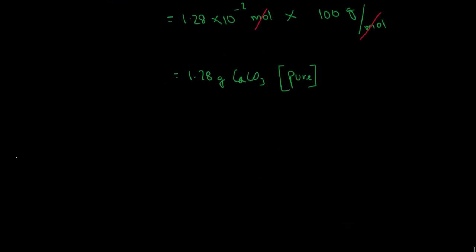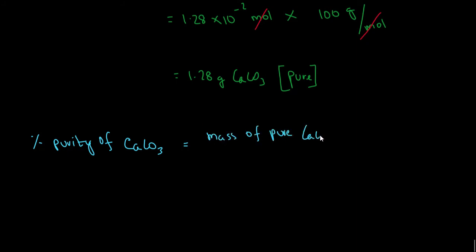So the percentage purity, let me change the color here. So the percentage purity of calcium carbonate is going to be mass of pure CaCO3 divided by mass of impure sample.